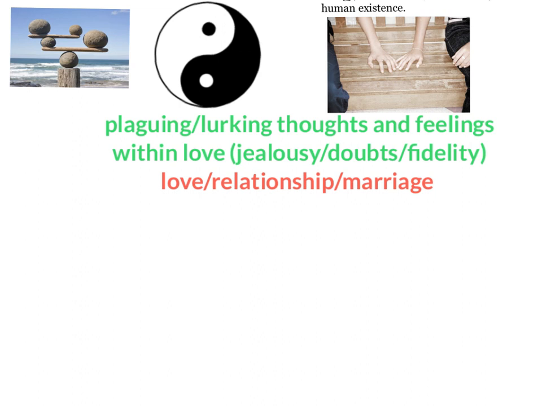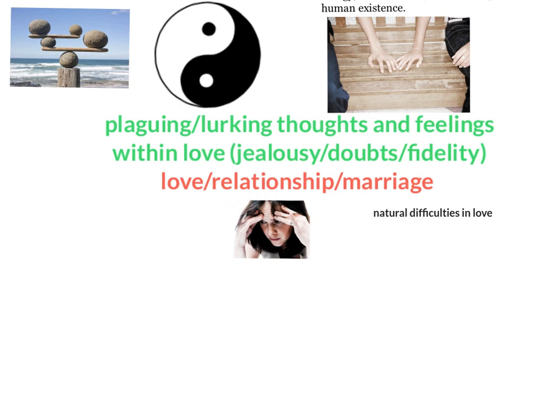So we're seeing the invisible worm as being a metaphor for plaguing or lurking thoughts and feelings within love. So this is a reading which might consider some of the natural difficulties or problems within love or a relationship. Maybe you can relate. Hopefully you can't, but maybe you can.